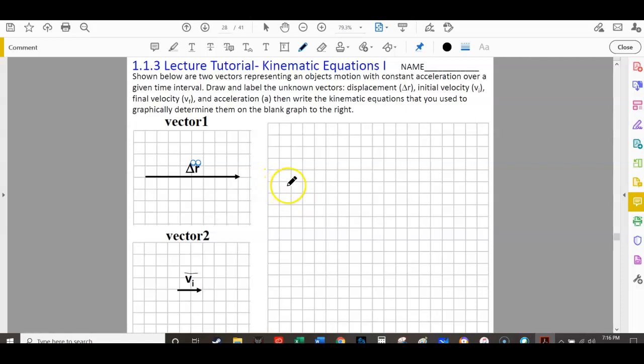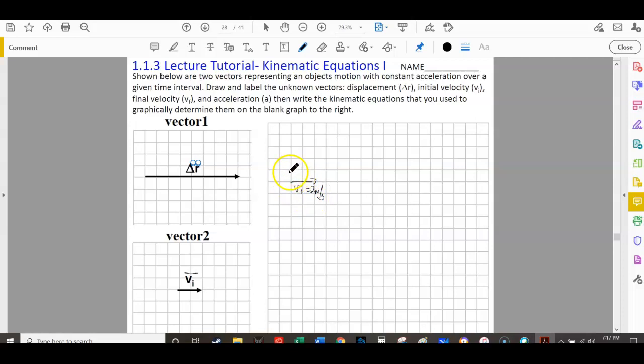So let's do it. Here we have an initial velocity vector that is 2 units to the right. And I'll say that there's no rules, I'll just say each block is 2 meters, and it takes 1 second.